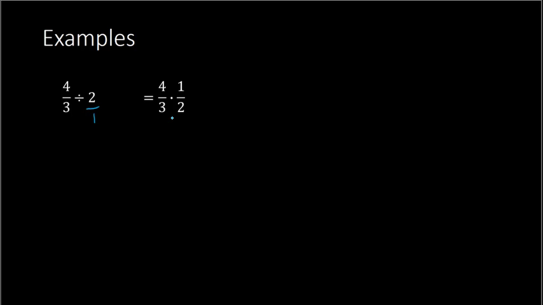So I can think of this as 4 over 3 times 1 over 2. And now from here, we can divide both the 4 and the 2 by 2 to get 2 and 1. So now we have 2 times 1, which would be 2, over 3 times 1, which is 3. So our solution is 2 over 3.